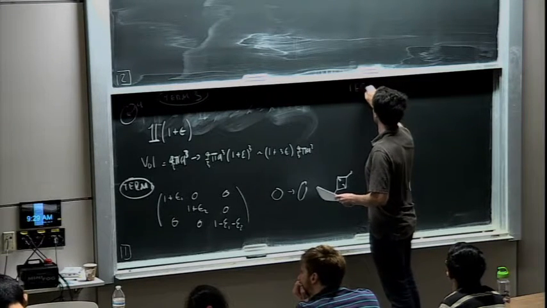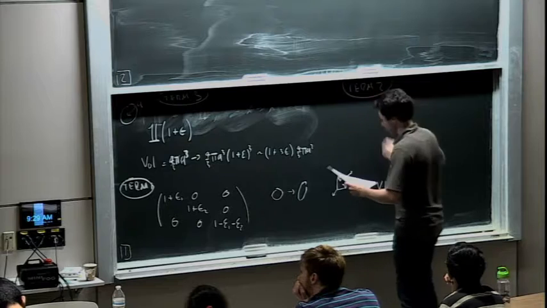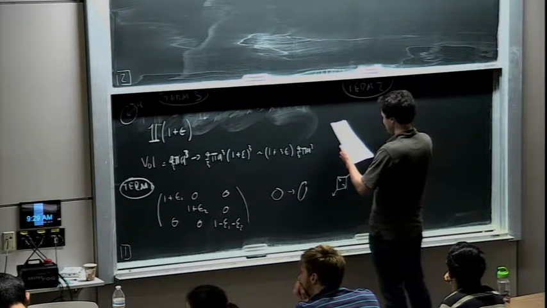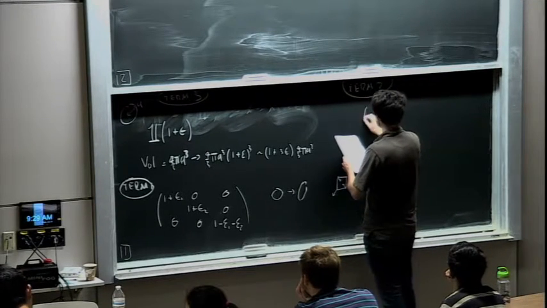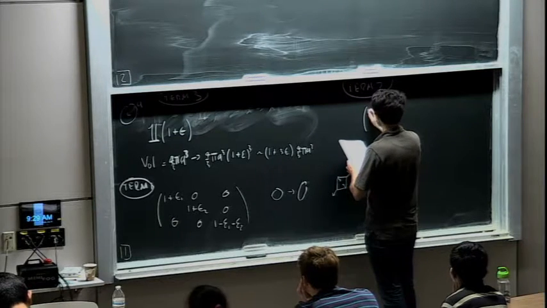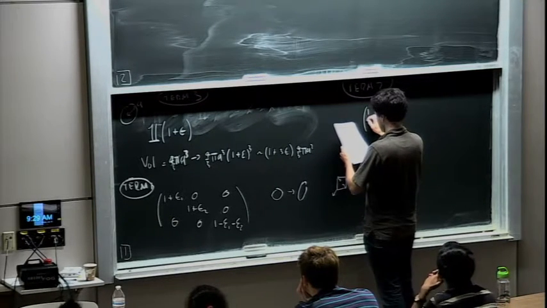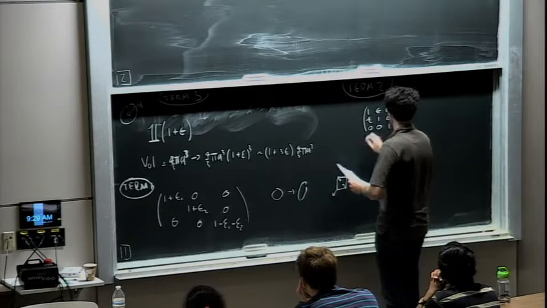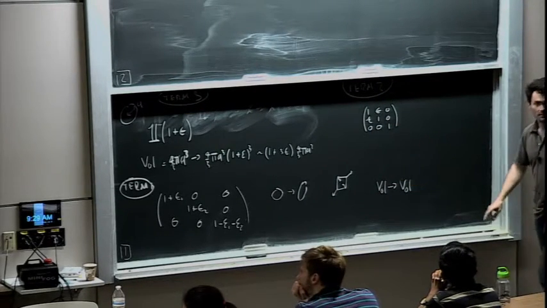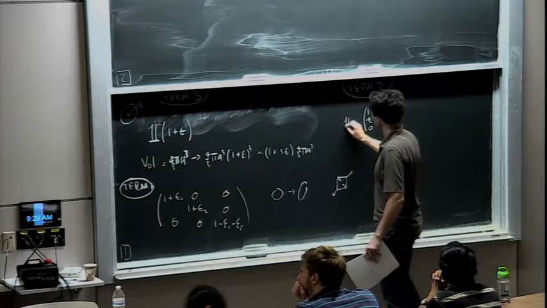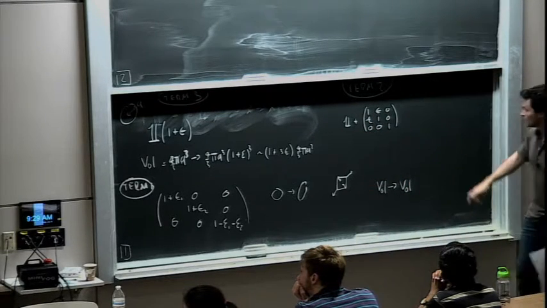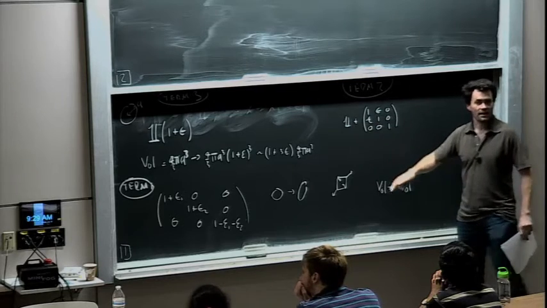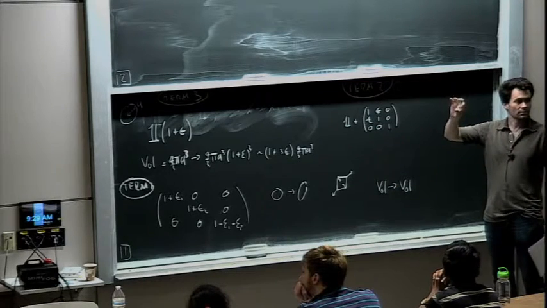So term 2, which is an antisymmetric term. By some combination of rotations, we can always bring this to a form that looks like this. Plus, there's always a 1 plus this. And so this you'll recognize as a rotation of the fluid.